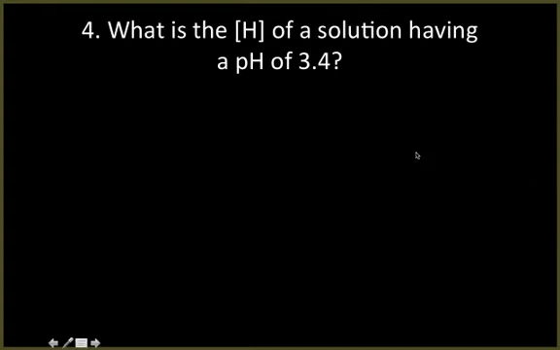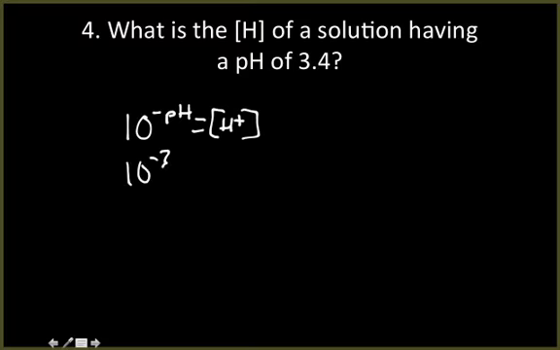What is the H plus of a solution containing a pH of 3.4? If we remember our formulas, we can work backwards by using 10 raised to the negative pH, which gives us the H plus concentration, and that's what we want. So plug it in: 10 to the negative 3.4 equals H plus.